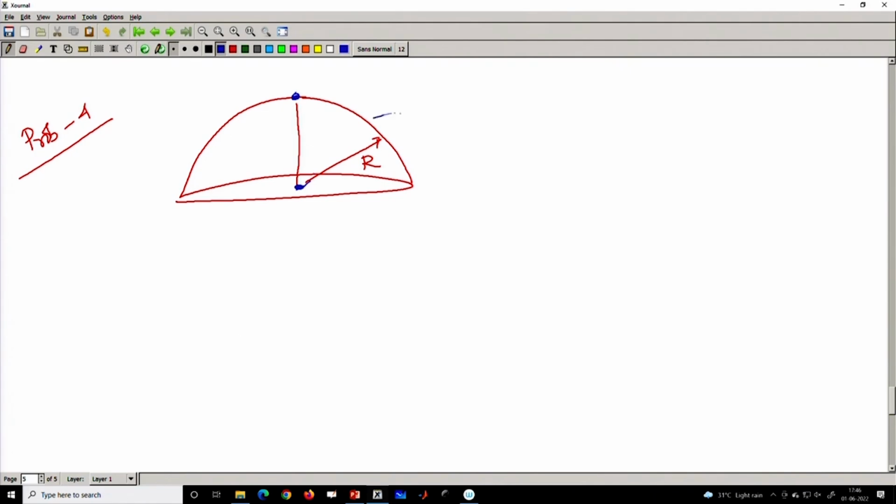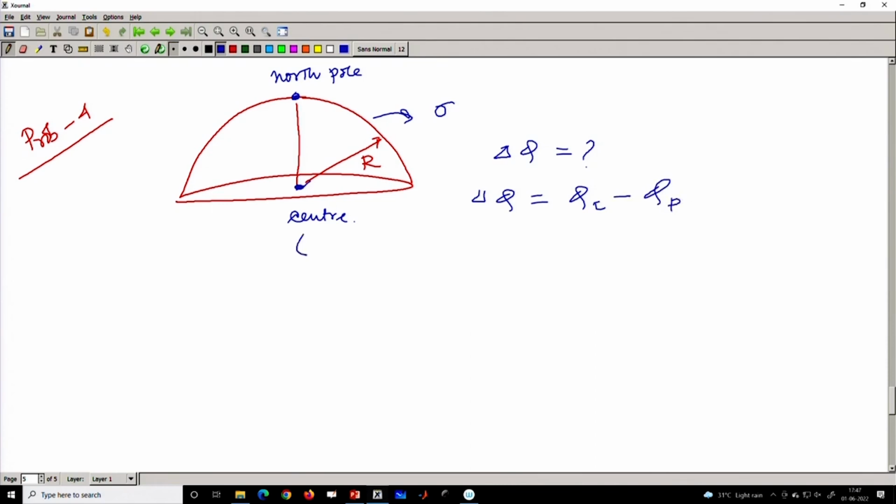The surface charge density here is sigma, and the question is the potential difference between this north pole and the center. So, the problem is delta phi. What is delta phi? The potential difference between the center minus the north pole, say phi p.